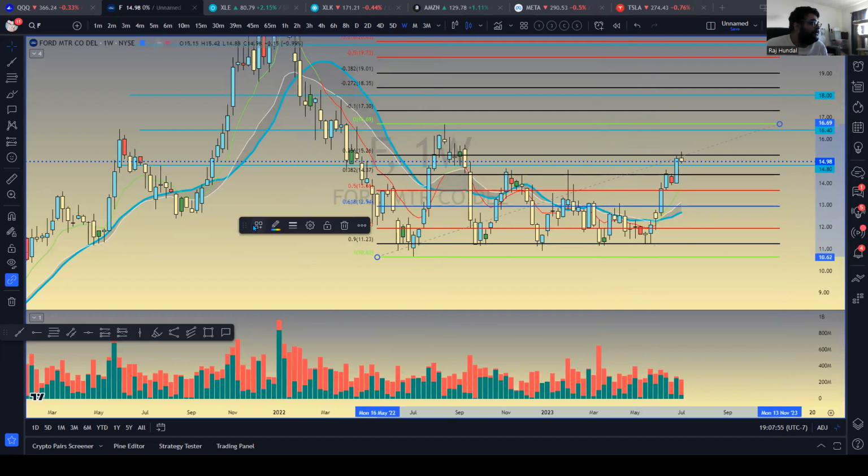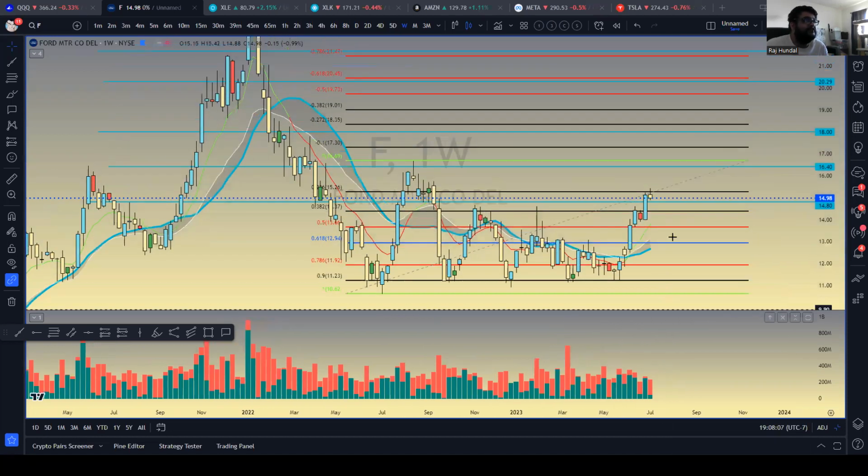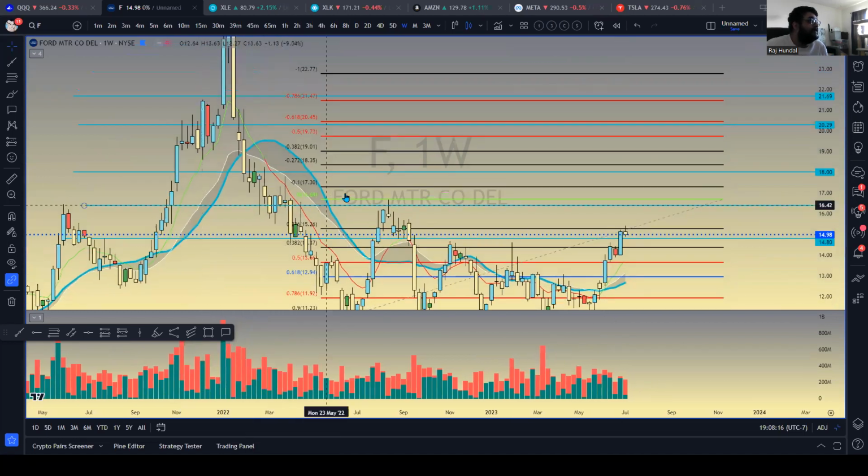At the same time, we were holding the 0.618. So now I have multiple confluences on my LEAP trade. I'm using the Fibonacci extensions as my price targets. Since I bought it here at the 0.618, I don't expect to sell it until up here.